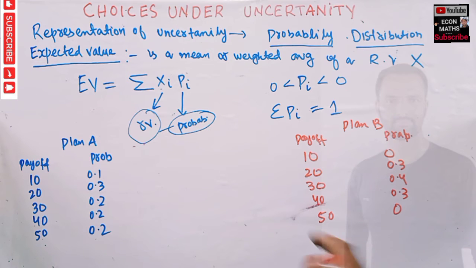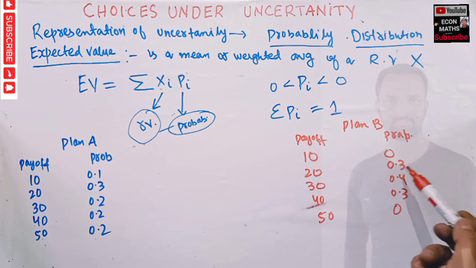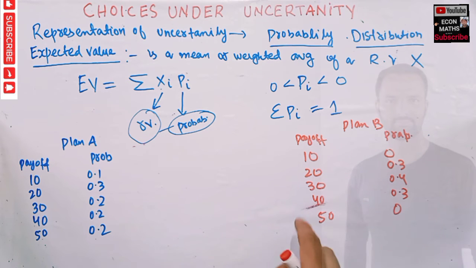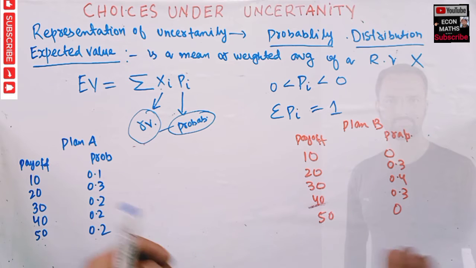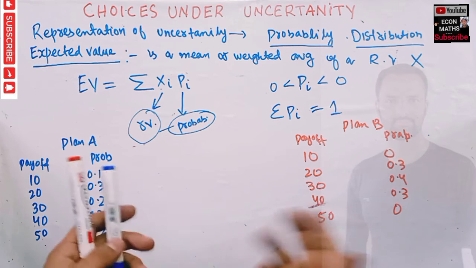So what we mean to say is that there are 0% chances that he will get $10, 30% chances he will get $20, 40% chances he will get $30. Okay, so these are the two choices for an agent to choose between them.